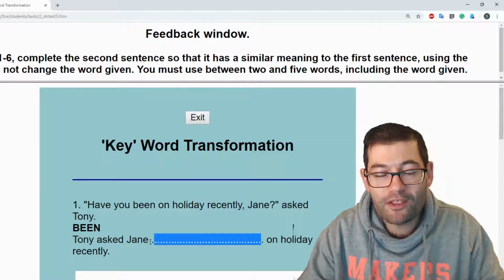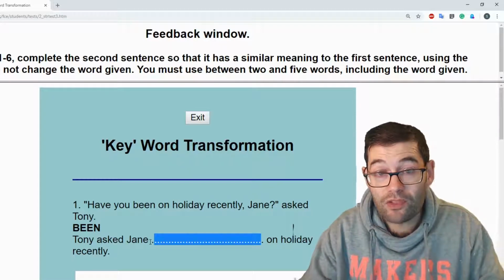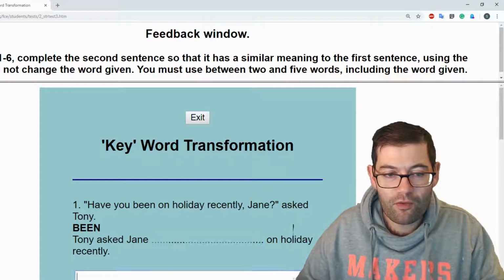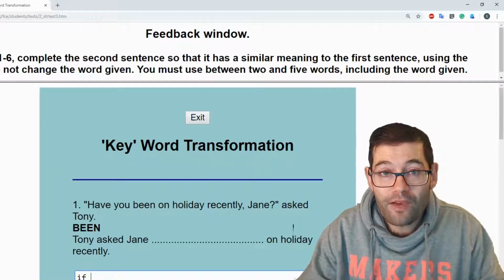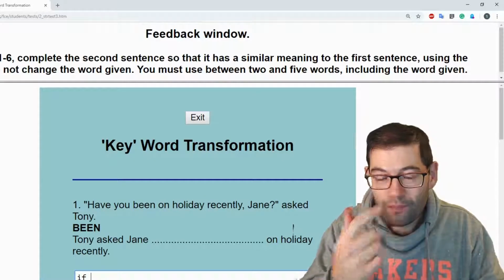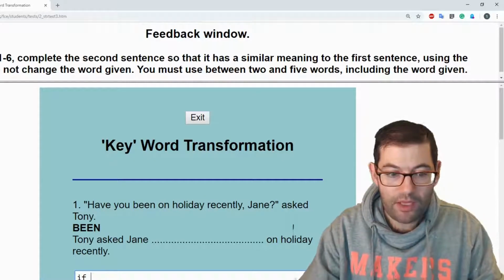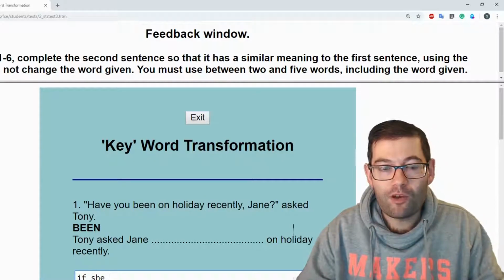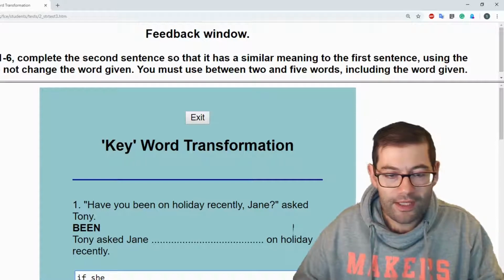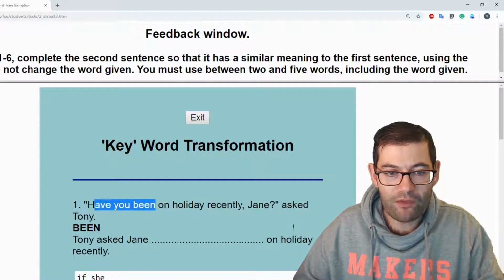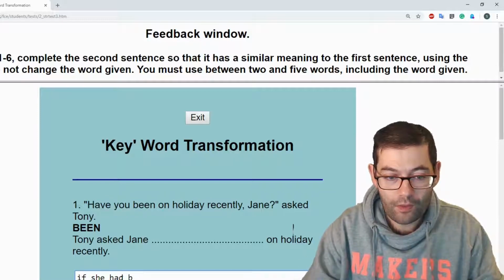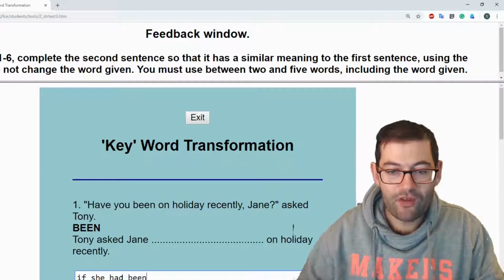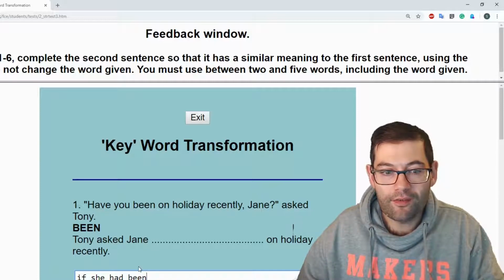Well, the easiest way to do that is to use a conditional structure of some kind. So we could say, Tony asked Jane if, now we have to use a personal pronoun, if she, and then we've got our language pattern from the original sentence. So have you been is a perfect form. If she had been on holiday recently.